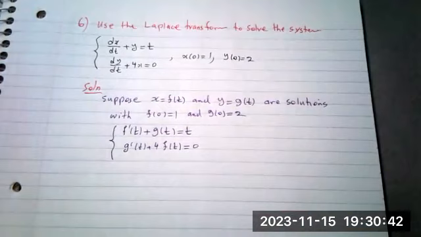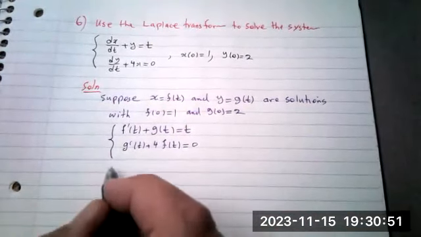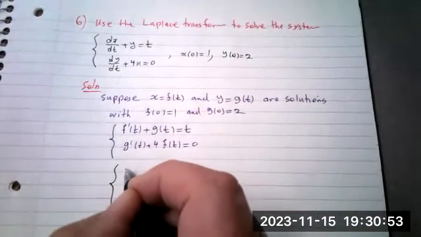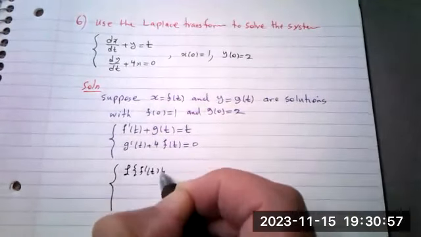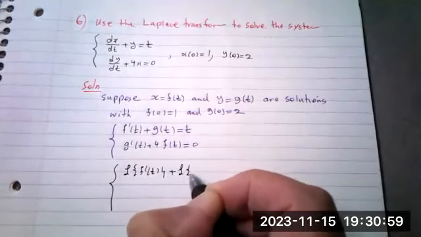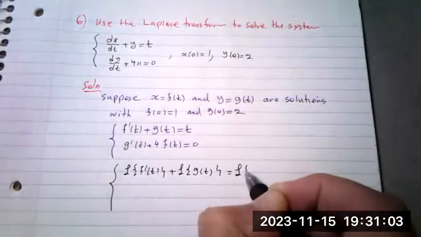Now take the Laplace transform of all of them. It's like the one that we did before, but we do it for 2 equations. Take the Laplace of each equation: Laplace of f prime of t plus the Laplace of g of t is equal to the Laplace of t.